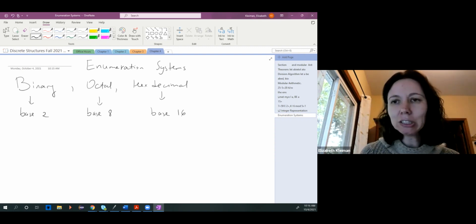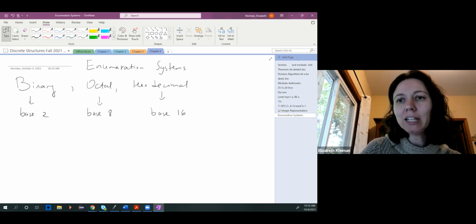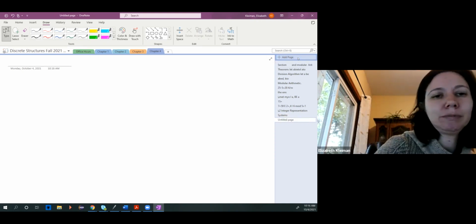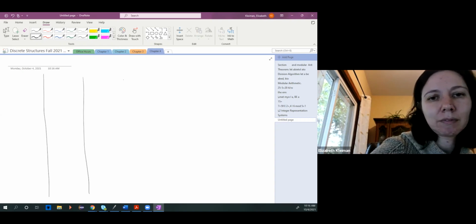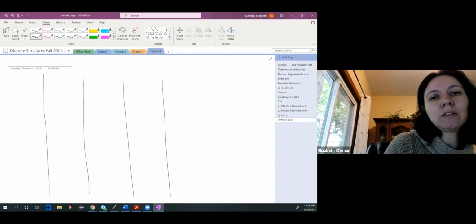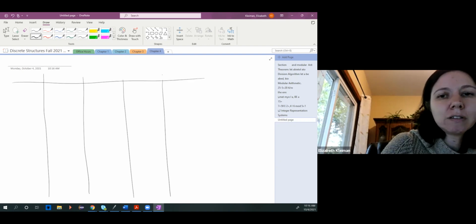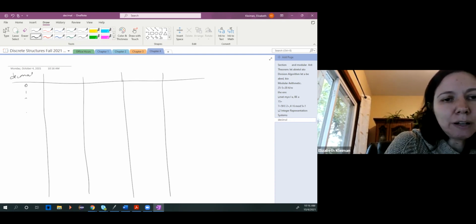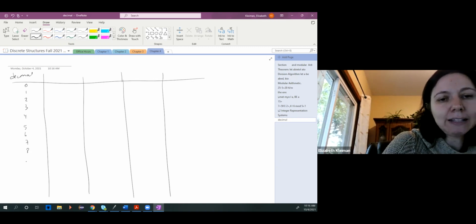So what we're going to do is generate a huge table. So we are going to have our traditional decimal. In decimal, we have 0, 1, 2, 3, 4, 5, 6, 7, 8, 9.